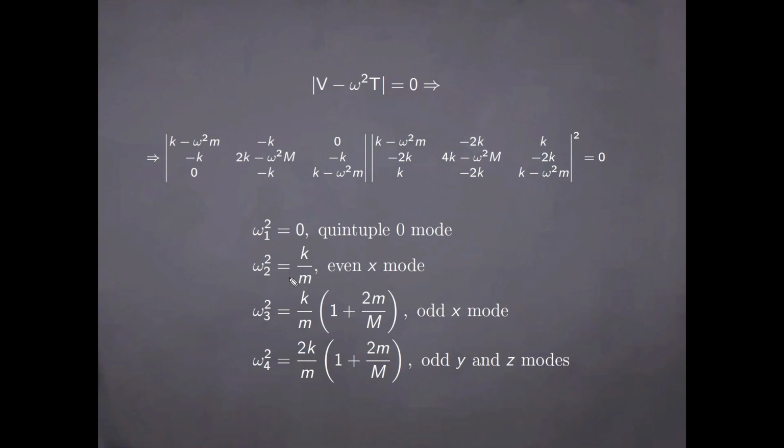and then we have the x modes that we had found previously. We have an x mode corresponding to one even vibration, an x mode corresponding to an odd vibration, and we have 2 degenerate modes. So we have 2 modes with the same frequency corresponding to vibrations in the y and z directions, and what these represent, in effect, is the molecule bending.